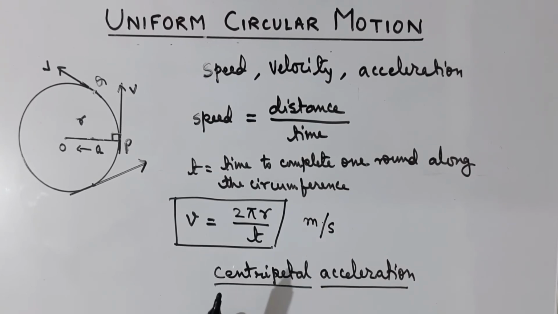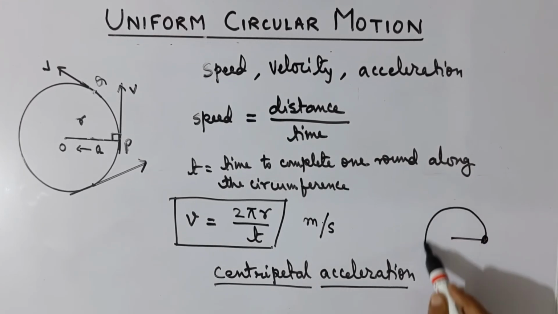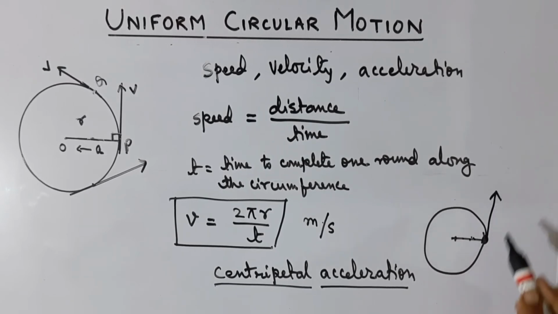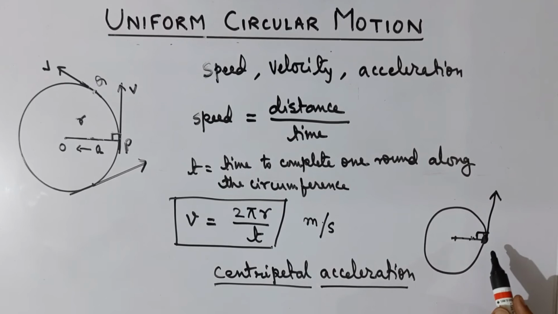We can say the movement of hands of a clock, the tip of the moving blades of a fan, and also the motion of a stone tied with a string and swung around, so that if the string breaks at any point, the stone will fly away in a direction perpendicular to the radius. It does not fall vertically downwards, it rather flies away in a direction tangentially.